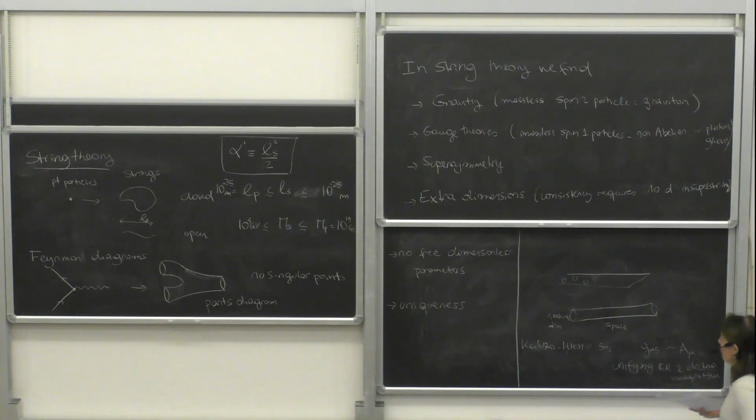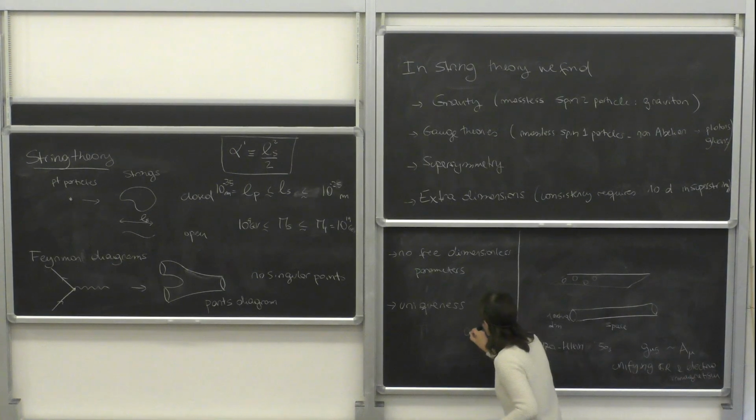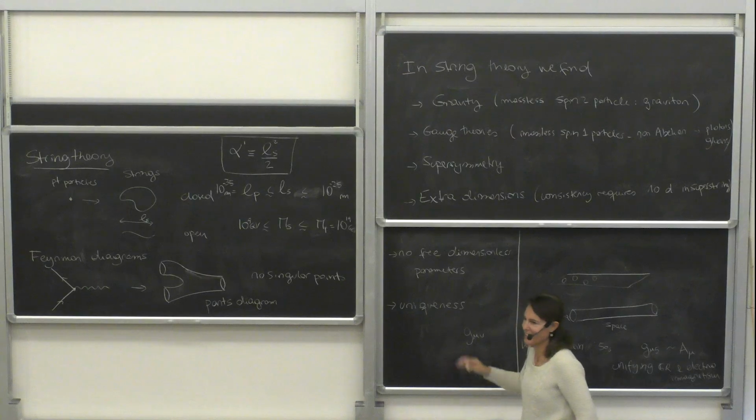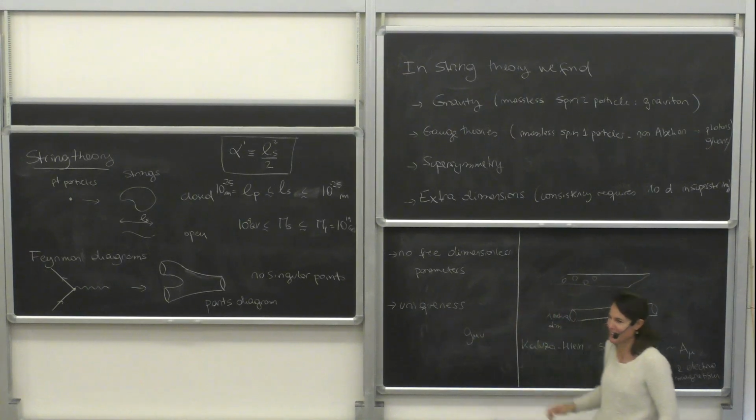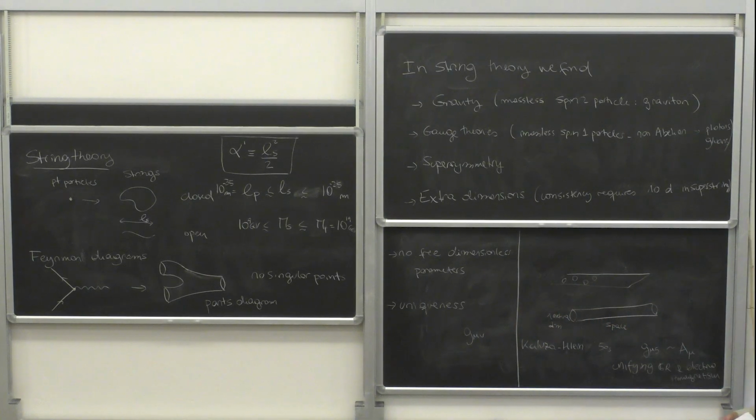Or, to say it badly and simply, the metric has two indices, so it's a spin-two object.